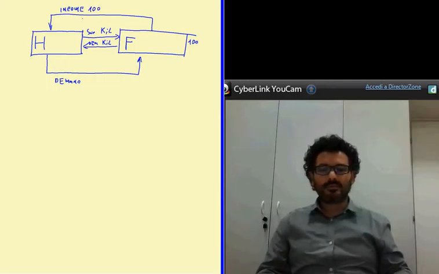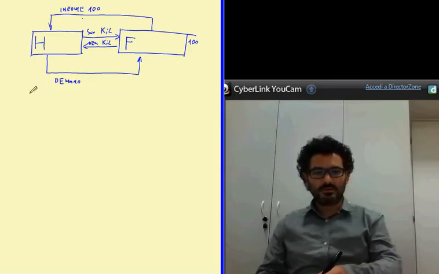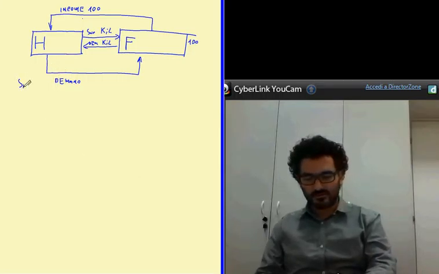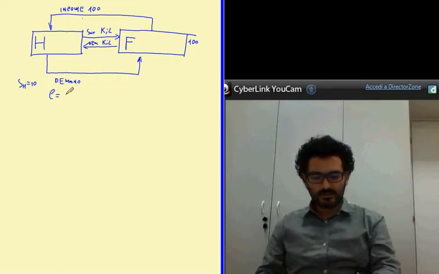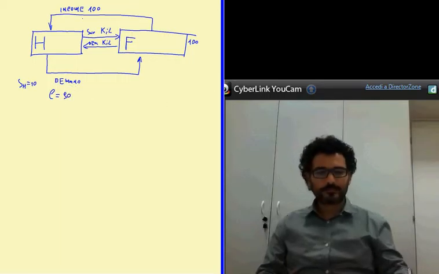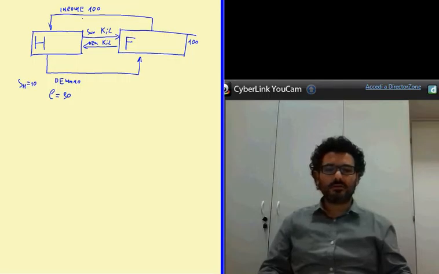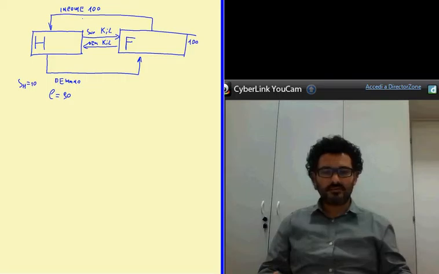Now, if households decide to save 10, this implies that the part of their income devoted to consumption will be equal to 90. So we are assuming that households decide to save a fixed amount equal to 10. But if consumption is equal to 90, this implies that the new demand for firms will be equal to 90.